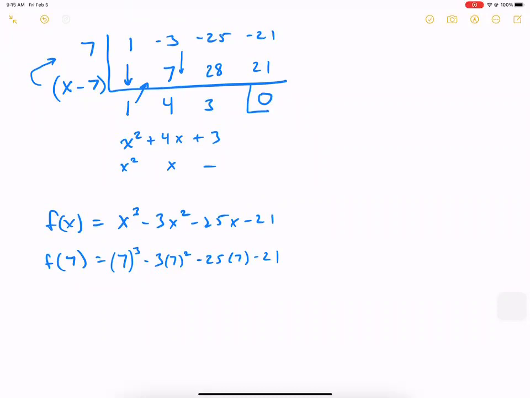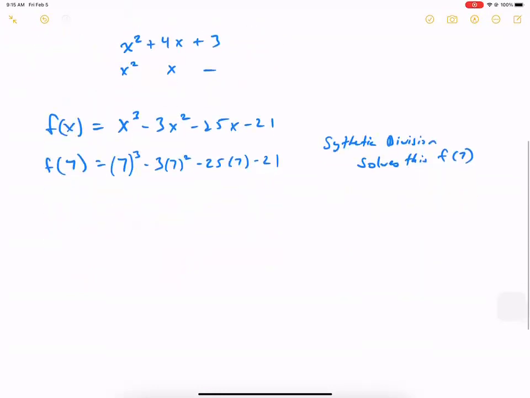And I want to show you guys the super cool thing about synthetic division. Synthetic division solves this for us. And I'm going to do them both right now. I'm going to solve this out as well as do synthetic division for you guys.